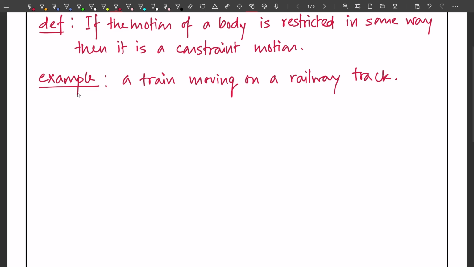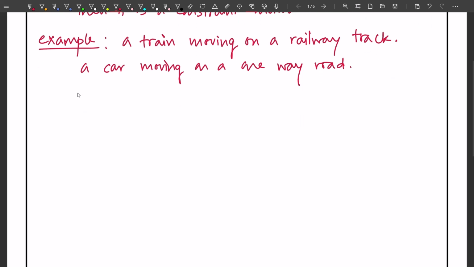So we can say that the motion of the train is a constraint motion. Another example would be a car moving on a one-way road. Here also the car cannot go off the road, so it will follow the path of the road and hence it is restricted or constraint motion.